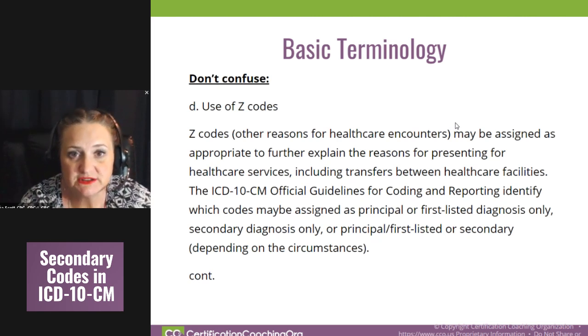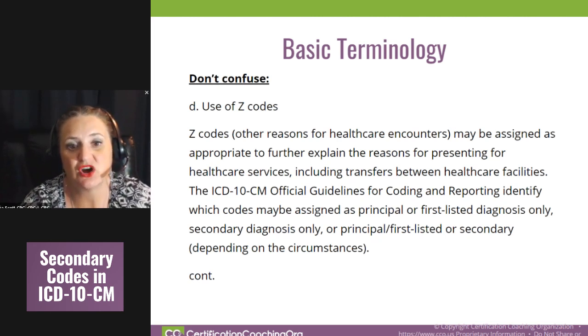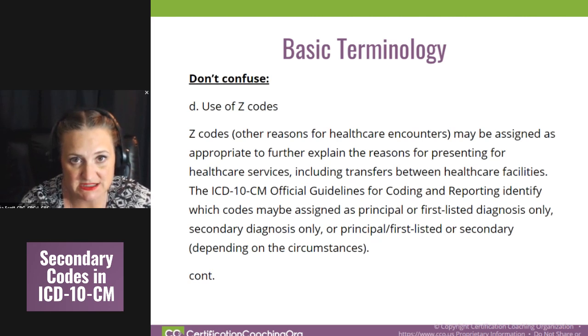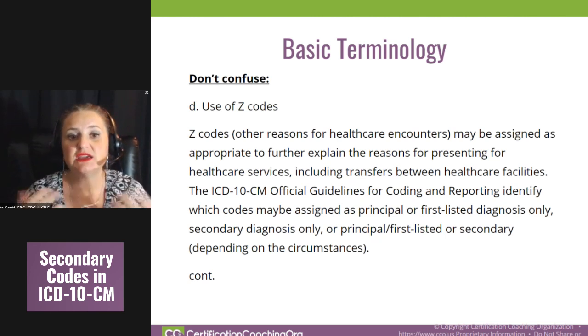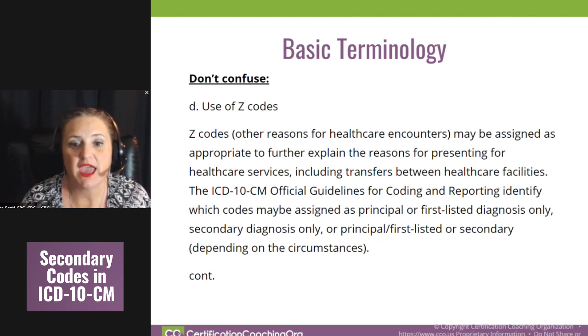And in addition, Z codes. Z codes are often used as secondary codes. We're not talking about those. What you are telling with Z codes is give us more information as to why the patient's being seen. And you could have a principal diagnosis, or you could have a first listed diagnosis.